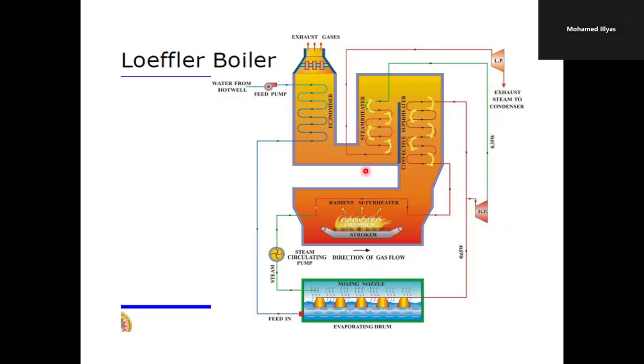So it has been found that such an arrangement has increased the thermal efficiency of the entire plant. That is all about the construction, arrangement, and working of various types of high pressure boilers which are being used in thermal power plants.